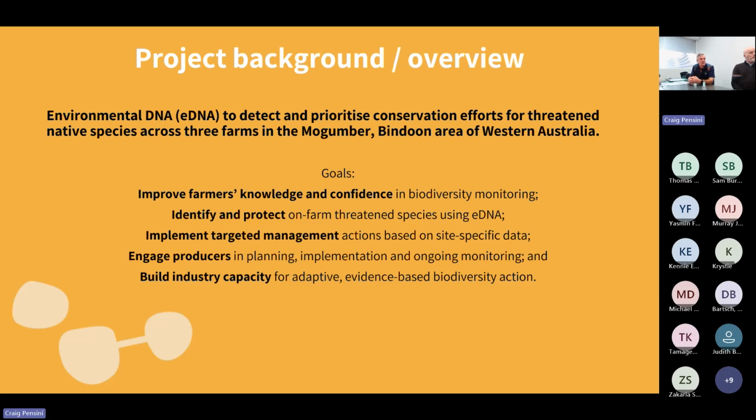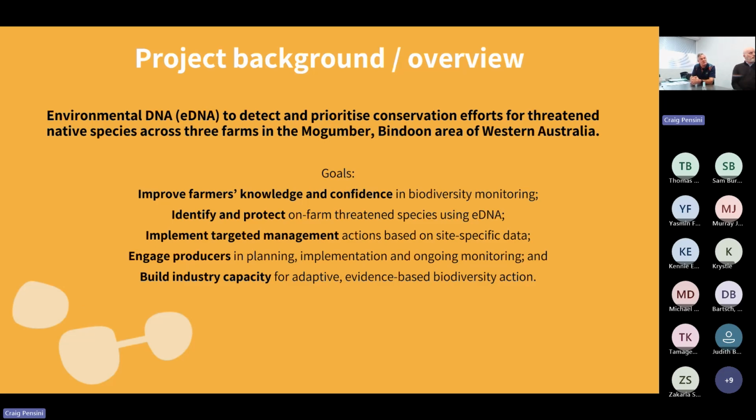And our goals are to try and improve farmers' knowledge and confidence, identify and protect any potential threatened or endangered species, implement targeted management of any actions based on the testing that we do, engage with producers, those farmers and their neighbours, etc., in planning and maybe implementing some of the outcomes that we are able to generate from this technology, and to really build some industry capacity.